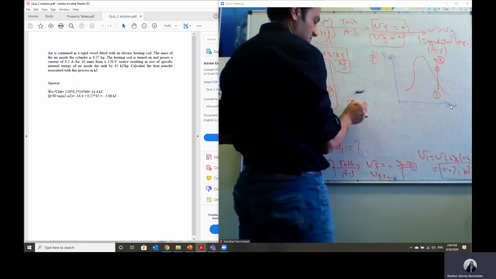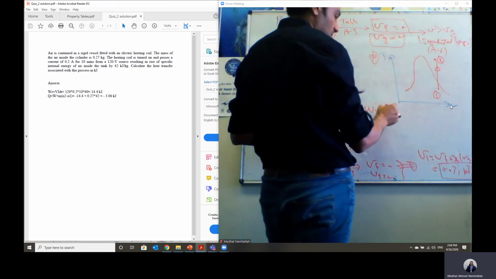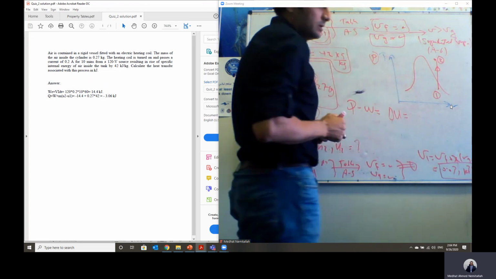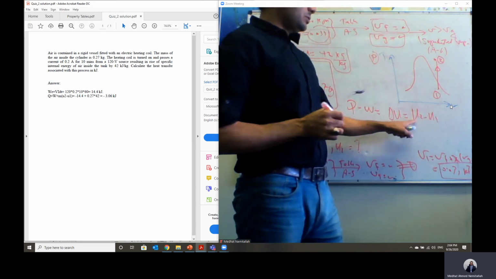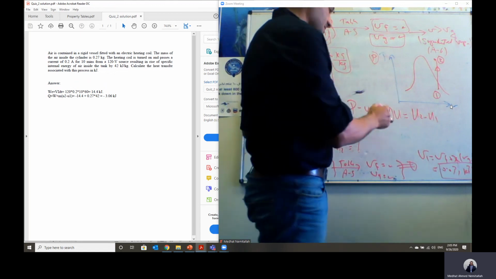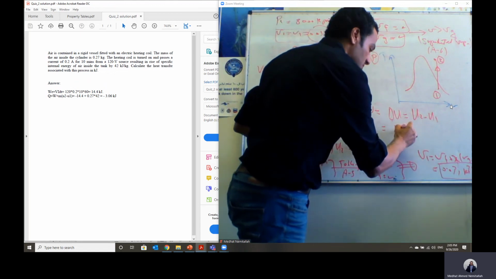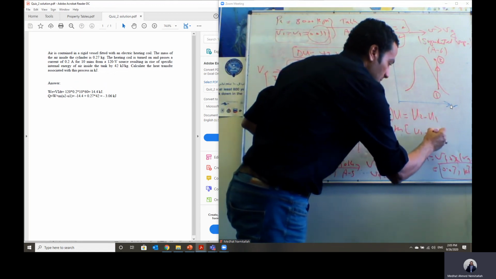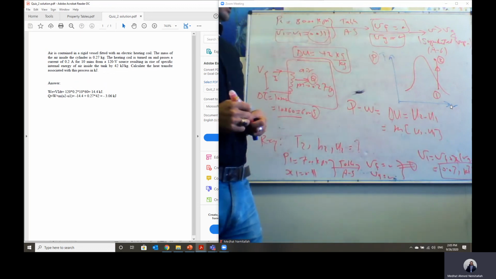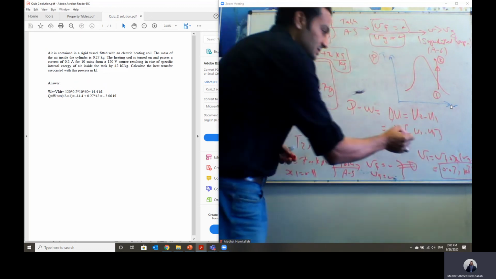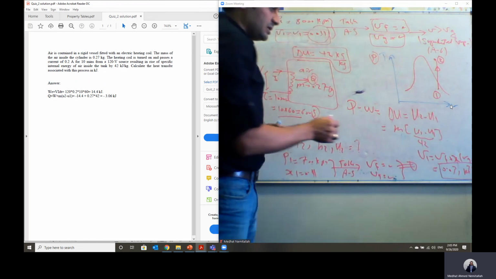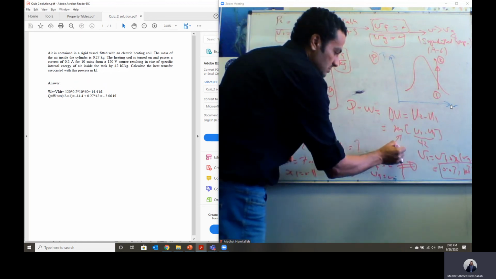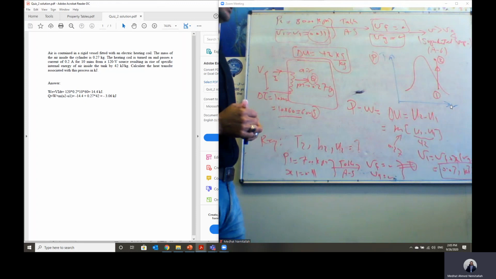I apply the first law equation directly: Q minus W equals delta U, the total internal energy, U2 minus U1. As the system is closed, mass is constant, so it equals mass multiplied by specific internal energy, U2 minus U1. This term is given, 42 kilojoule per kilogram, and the mass is given, 0.27.